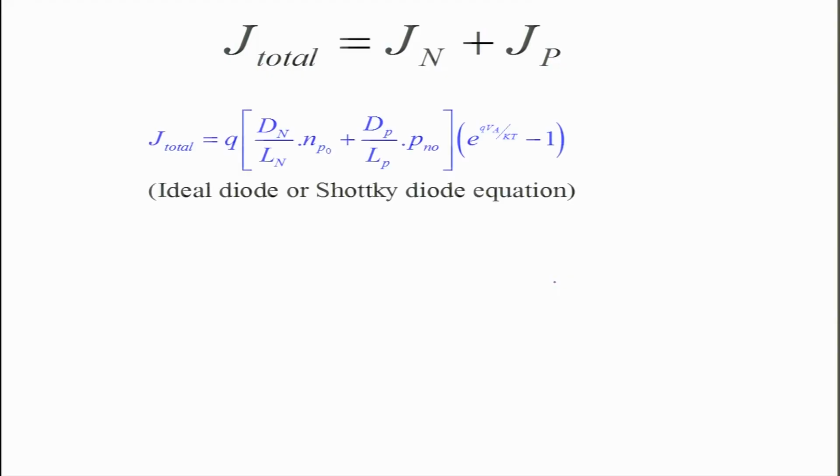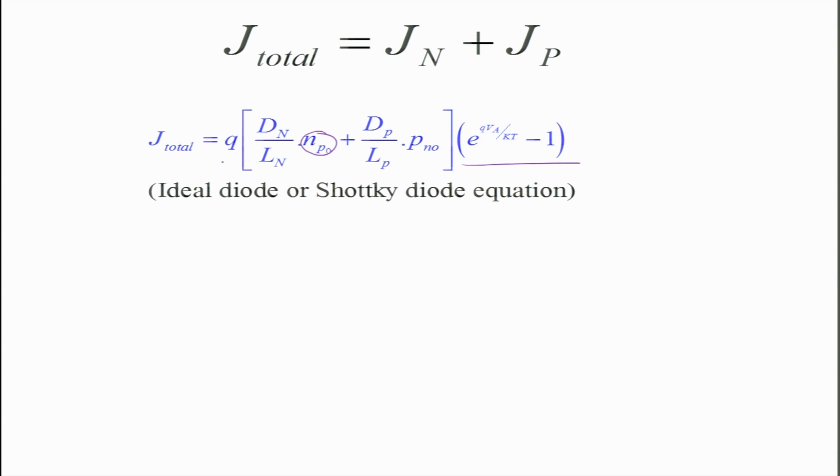J total is equal to Jn plus Jp, which is q into Dn by Ln into Np0 plus Dp by Lp into Pn0. This is the equilibrium concentration, this is Dn by Ln, the diffusivity divided by diffusion length, and this is Dp by Lp. This is for holes, this is for electrons, into a factor exponential of q Va by kT minus 1.